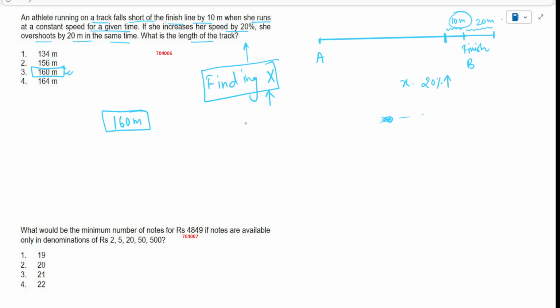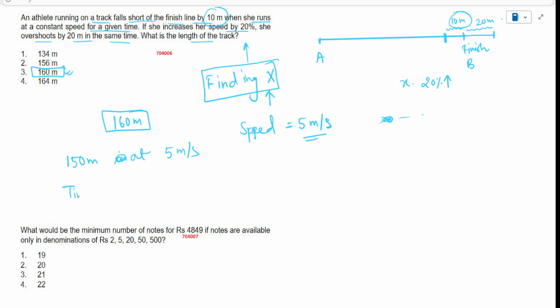Suppose the speed is 5 meters per second. No unit of time is given, so I choose 5 meters per second because all the data is in meters. Therefore, she doesn't cover 10 meters, that means she covered 150 meters at a speed of 5 meters per second.